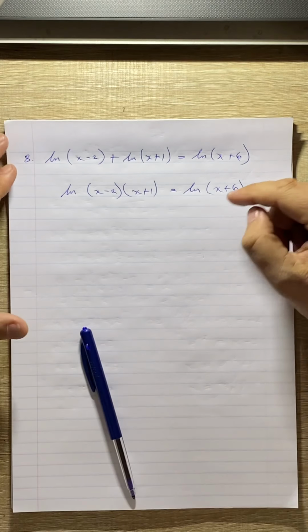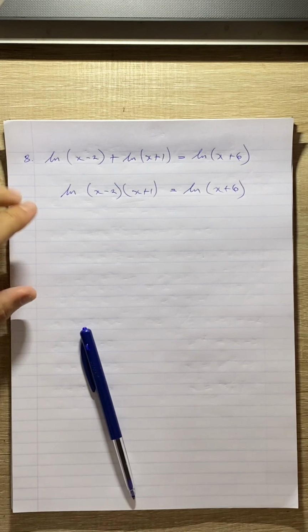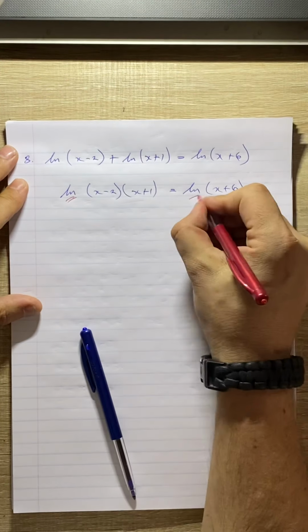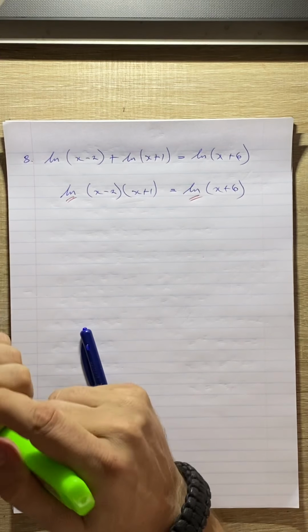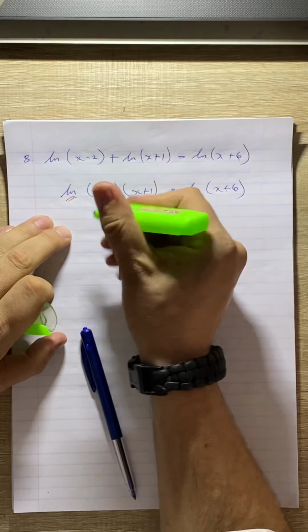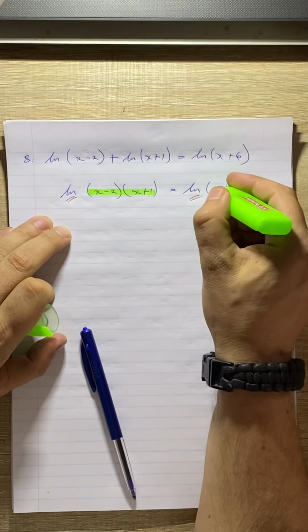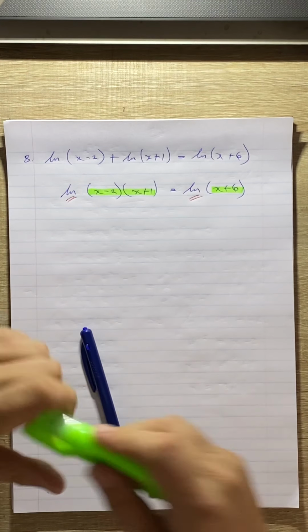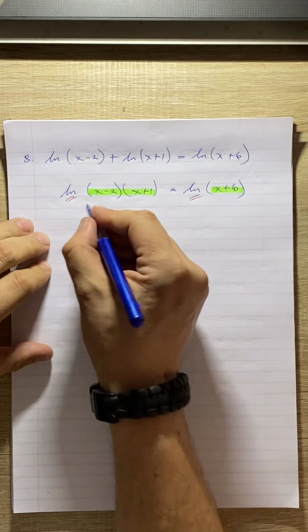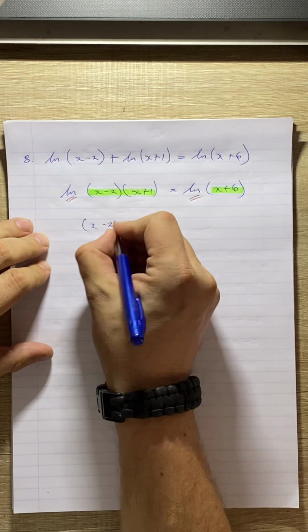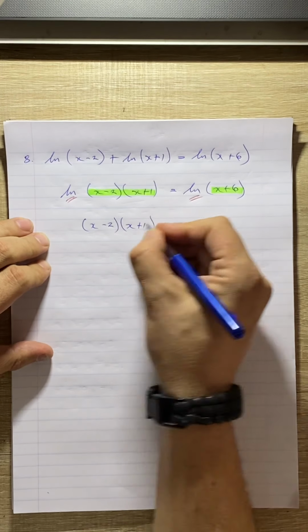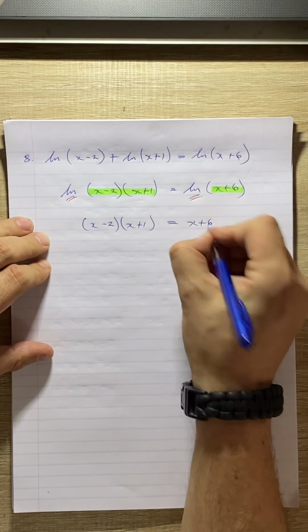Okay, just like with the previous one, I've got the lns on both sides. So because we have an equation, this thing must be equal to this thing. I'm just going to drop the lns. So we get (x − 2)(x + 1) must be equal to x + 6.